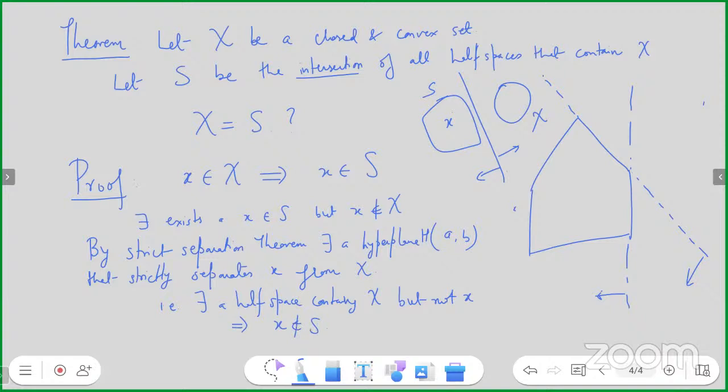So really, if you want a takeaway from this initial part of the course, this is the takeaway. You can completely describe a convex set by the intersection of all the half spaces that contain it. If you don't go down this path, it's very complicated to actually progress. But separation, strict separation of a point and a closed convex set, it's a very gentle progression. None of them are difficult, but put them together and you get something very interesting.